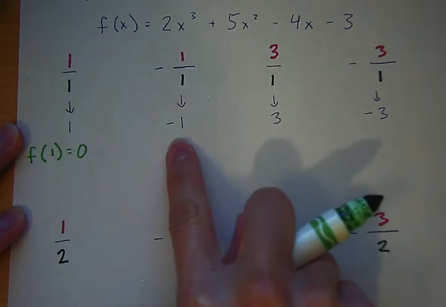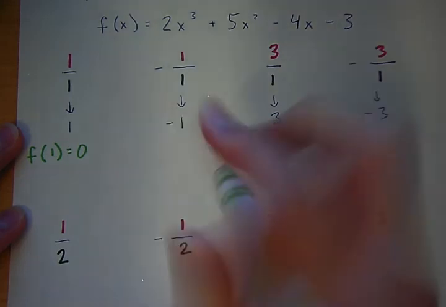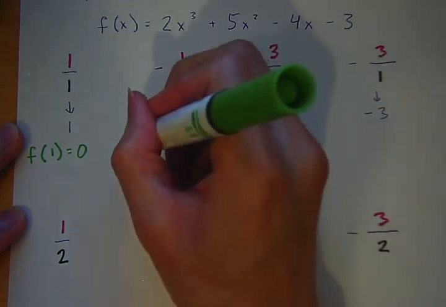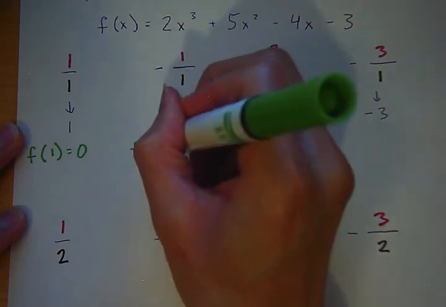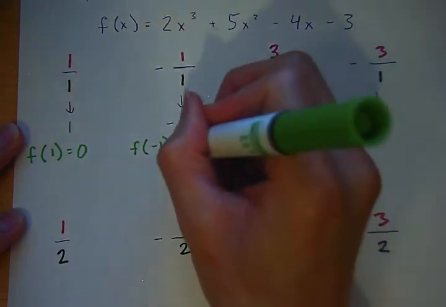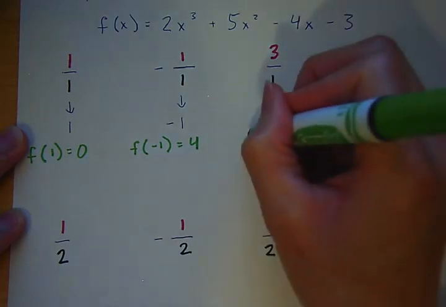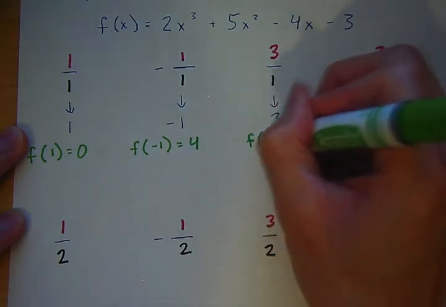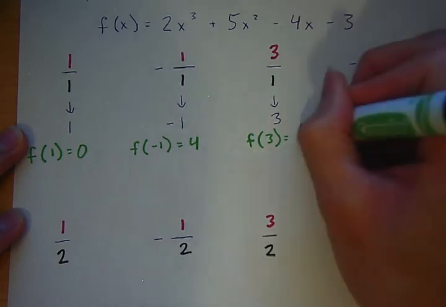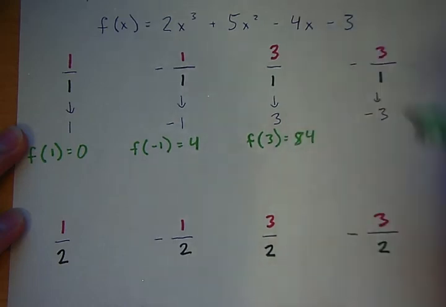If I replace all the x's with negative 1, that would give me y equal 4. If I replace all the x's with 3, y would equal 84.